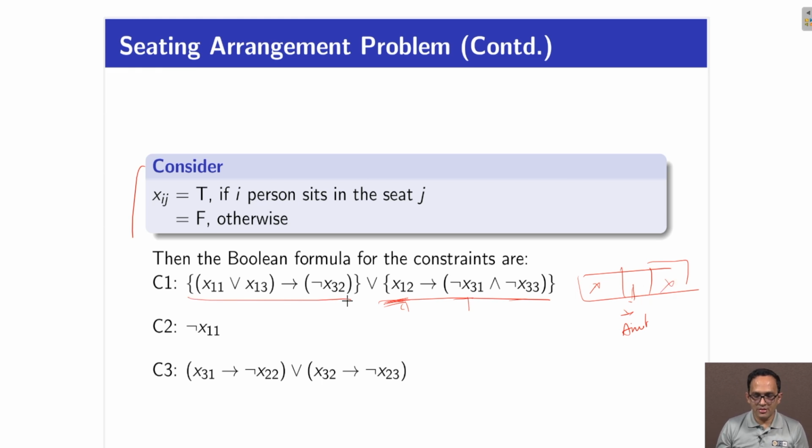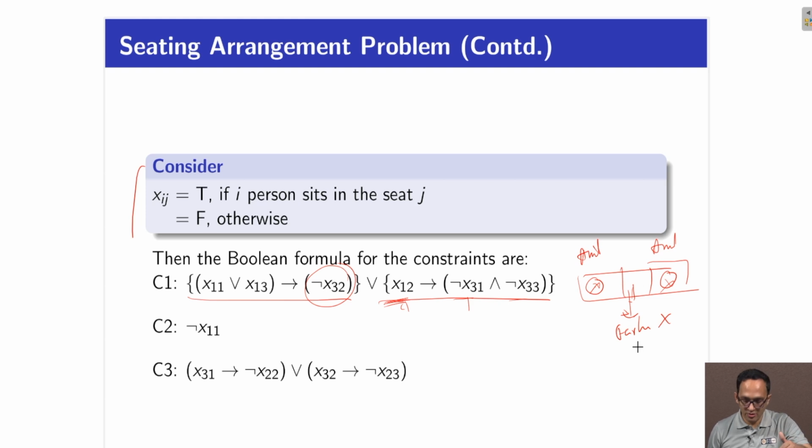Here it says that if Amit sits either here or here, that is 1 1 or 1 3, that means Farhan cannot sit here. So, this is not 3 2, Farhan is 3. So, Farhan cannot sit here, this cannot happen.